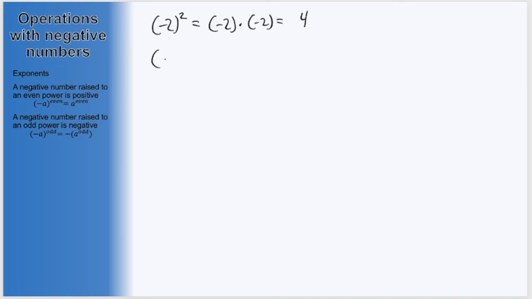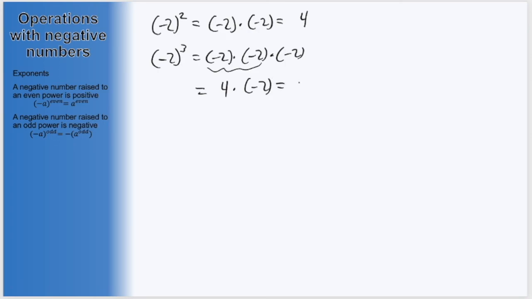But watch what happens when we now raise our negative 2 to a third power. This will now be negative 2 times itself 3 times. We know the first pair of multiplication just became 4, so that is now multiplied by negative 2.